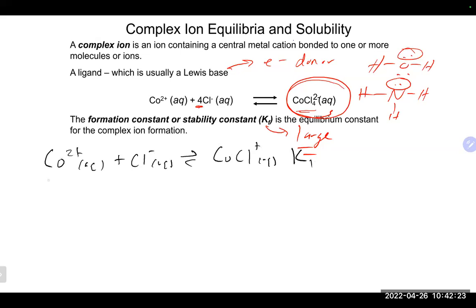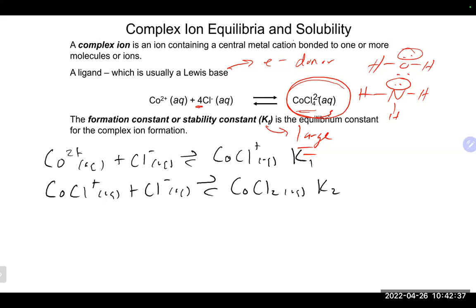The next thing that would happen is this one that picked up one chloride would then pick up a second chloride, giving you CoCl2, and that would have a K value associated with it. The third thing that would happen is this one here would pick up our third chloride.